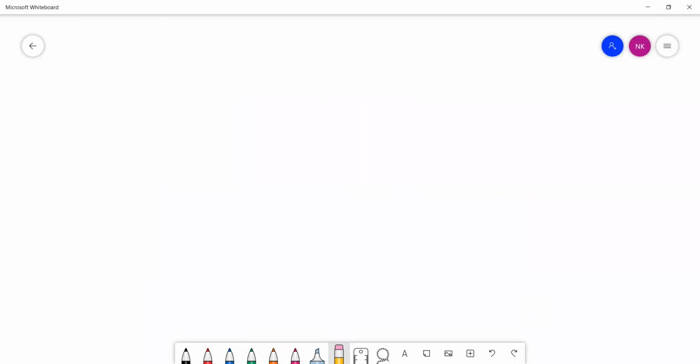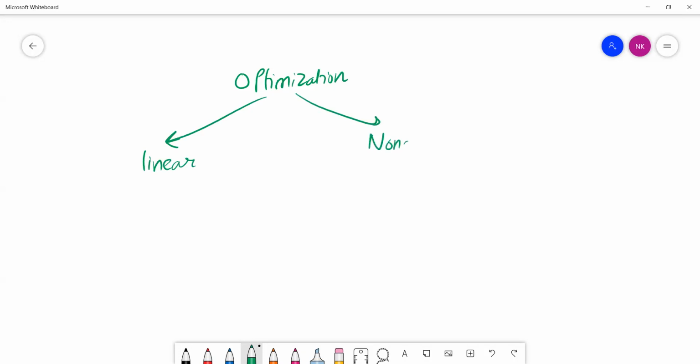Okay, so our course of optimization is entirely divided into two parts. That is the linear optimization and the second is the non-linear optimization.